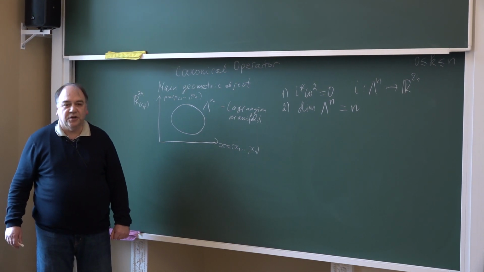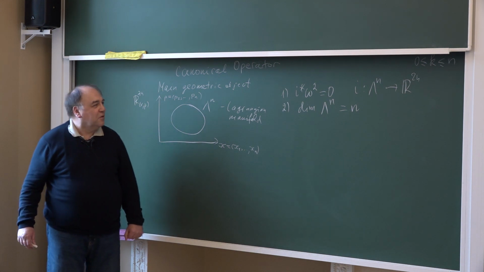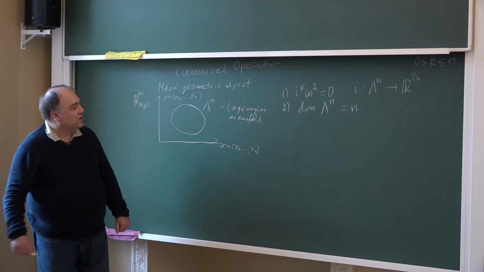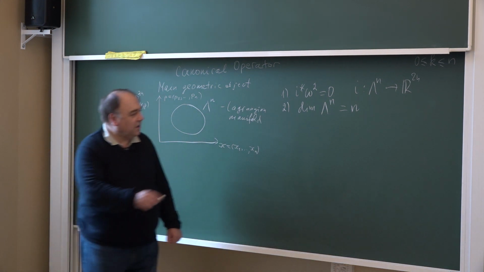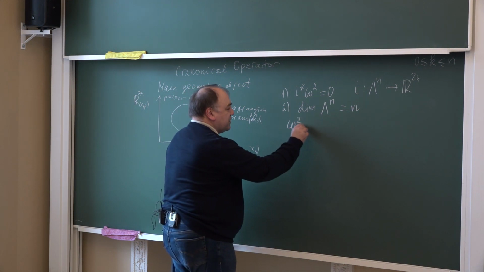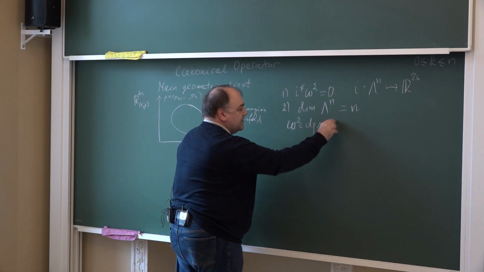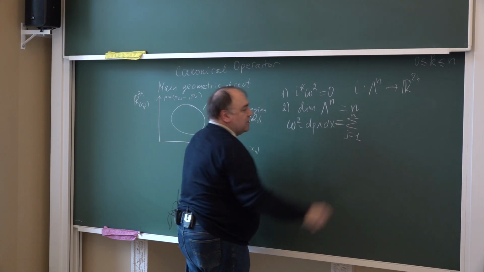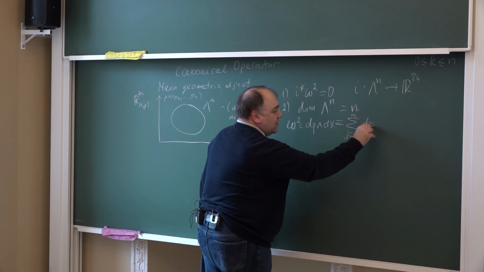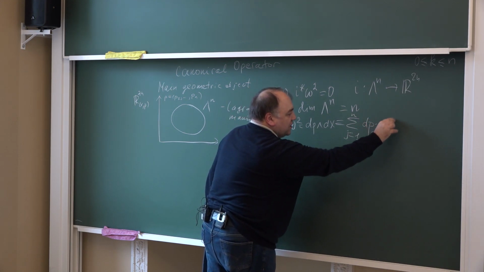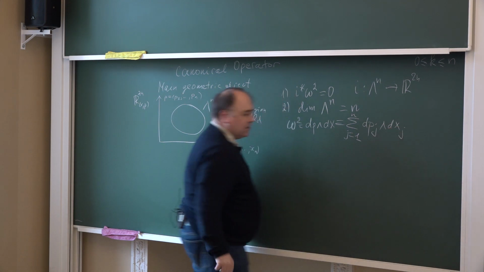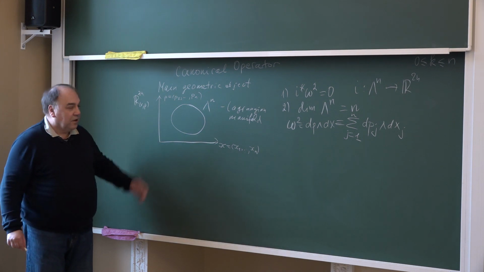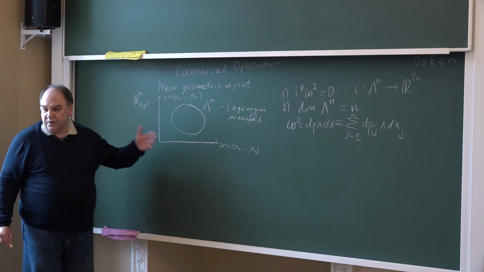And the second object, maybe not so important, but still: ω² is the standard symplectic form, the sum from j=1 to n of dp_j wedge dx_j, the standard symplectic structure on R^{2n}. And the pullback of this form under the embedding is 0.